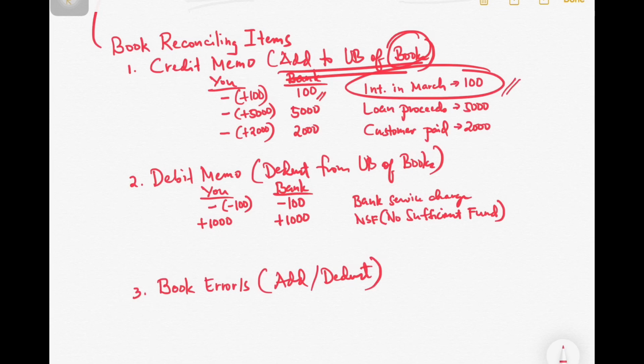So, the bank has to return the check, and it will be removed in the bank's records. And you will only learn of this next month in the bank statement. So, in your record, this is nothing. And since the return of the NSF check happened this month, it should be recorded this month. That's why we should deduct here. And this is also called a debit memo.